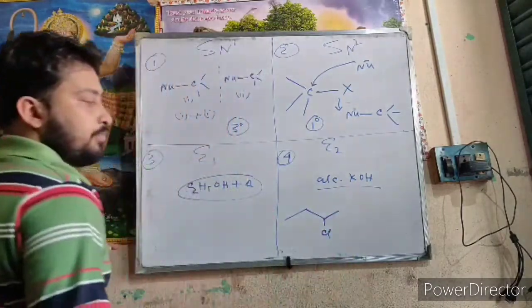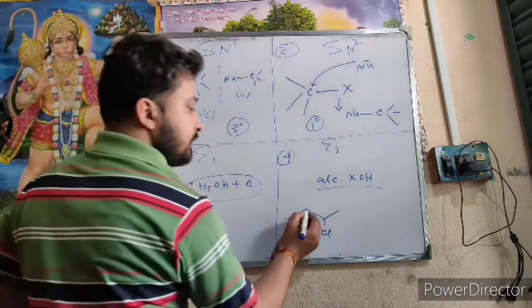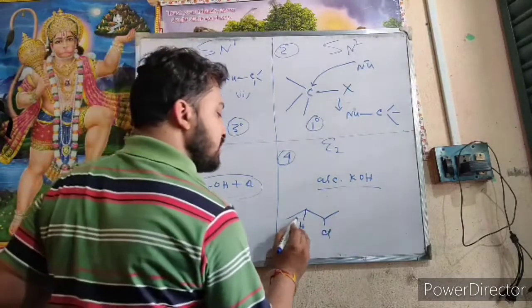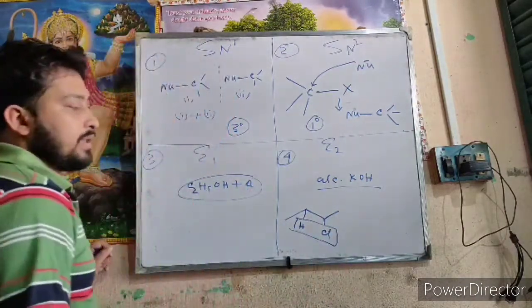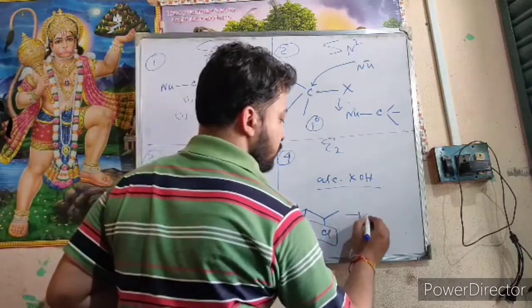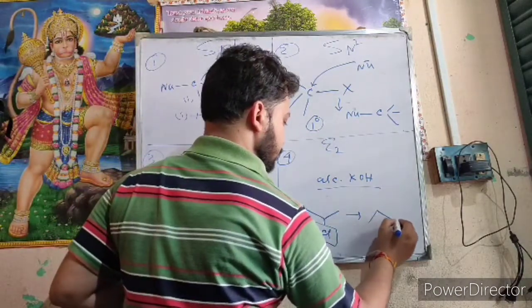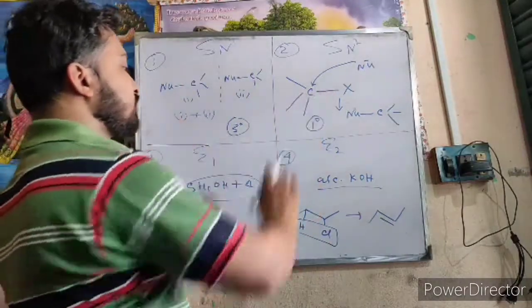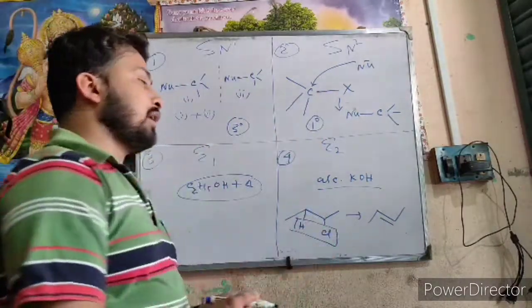I take this product. Suppose this carbon has H, so the elimination is formed in this way by using alcoholic KOH. So the product is this. So this is SN1 and SN2 reaction, and this is E1 and E2 reaction.